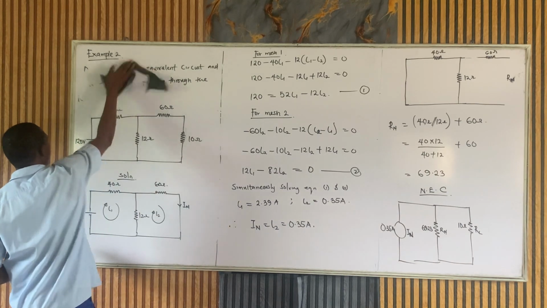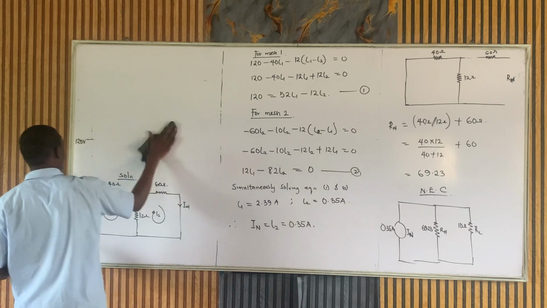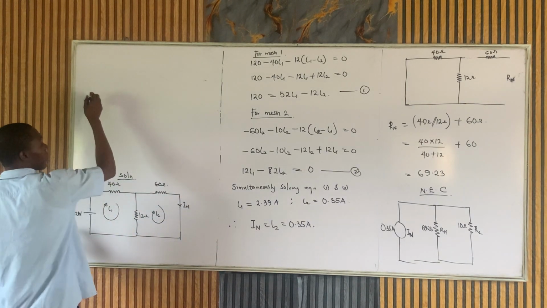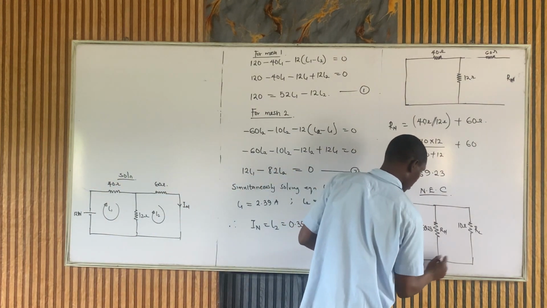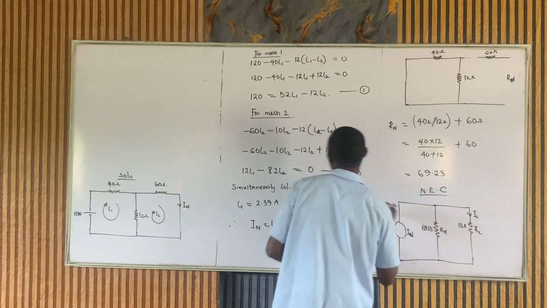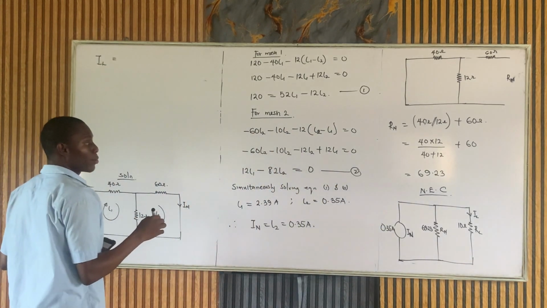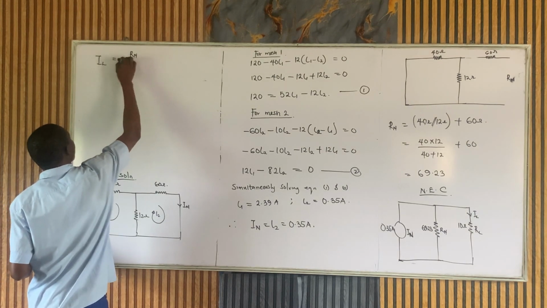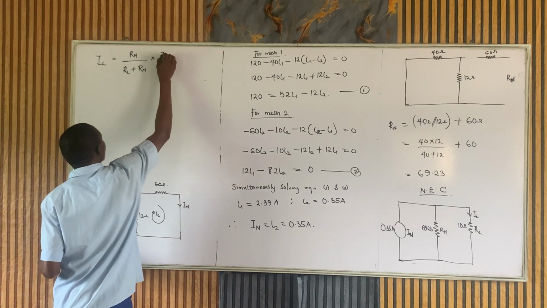So let's do that right away. Our IL is simply equal to Rn over RL plus Rn times the source current In.